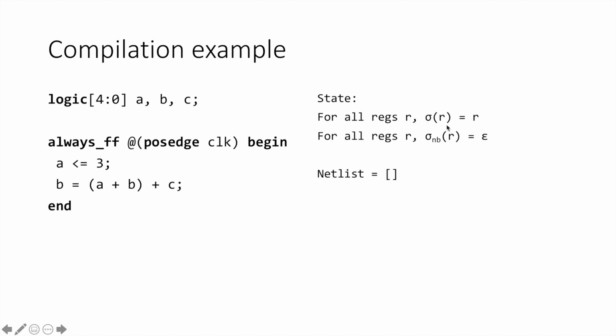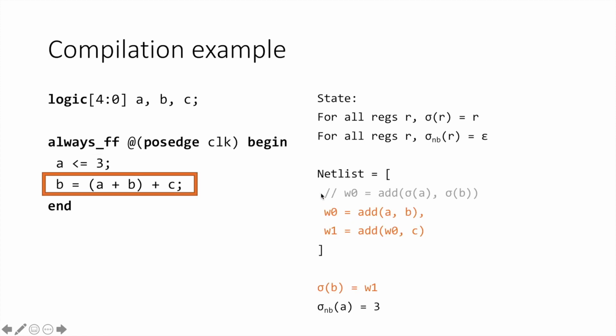So we have one map for the blocking assignments and one map for the non-blocking assignments. When we go through this program, we will see that the maps are updated. After having compiled the first line, we see that the non-blocking sigma map has been updated, saying that A is now equal to 3.